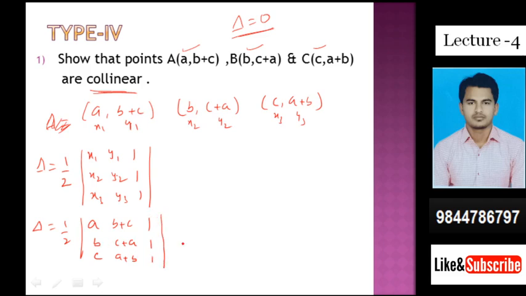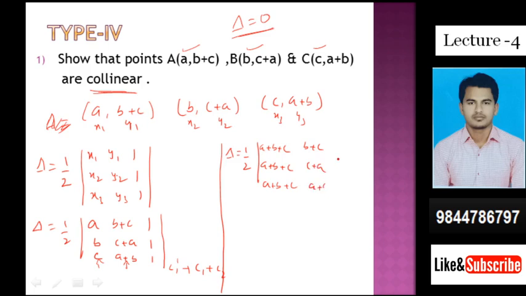Just I am going to do here C1 dash tends to C1 plus C2, or else if it is difficult you can expand the given determinant, we get the value 0, or else we can use the properties of determinants. Delta is equal to half into C1 dash, this is our C1 and this is my C2. Adding these two, we get a plus b plus c, a plus b plus c, a plus b plus c. This is b plus c, c plus a and a plus b, 1, 1, 1.